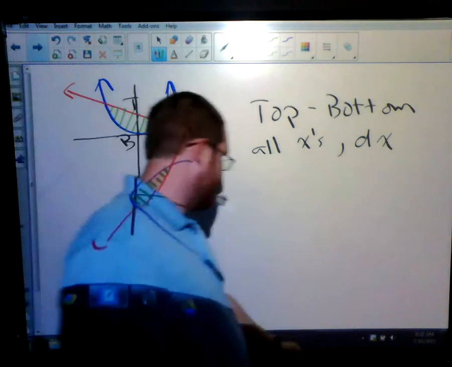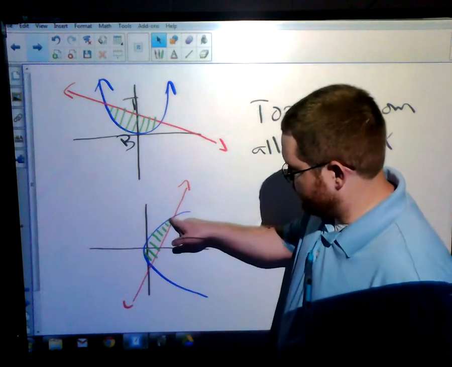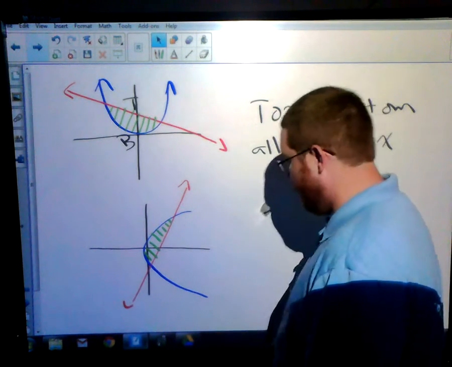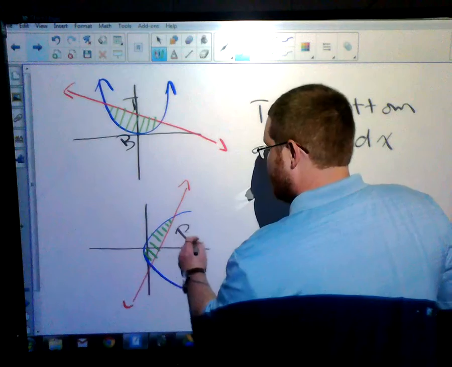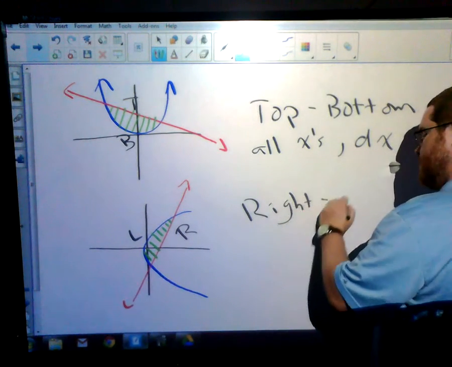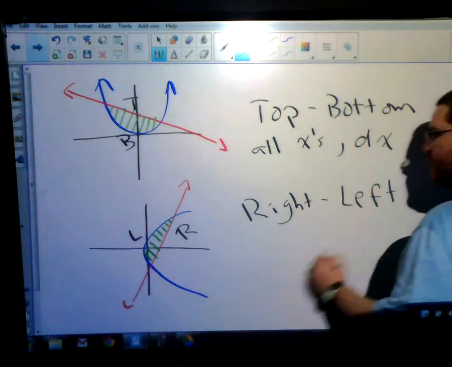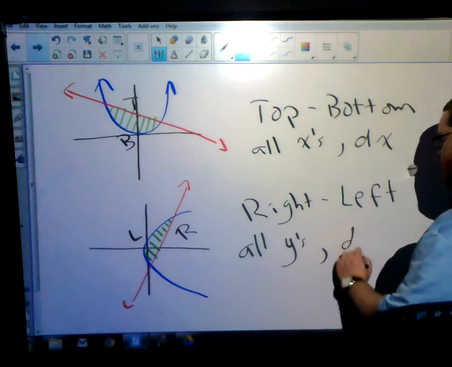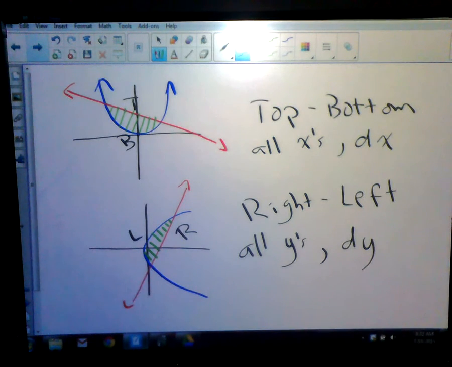In this case, because the bottom changes, sometimes it's the blue and sometimes it's the red, I want to do right minus left. And I want everything to be all y's, and I want it to be dy. Okay?